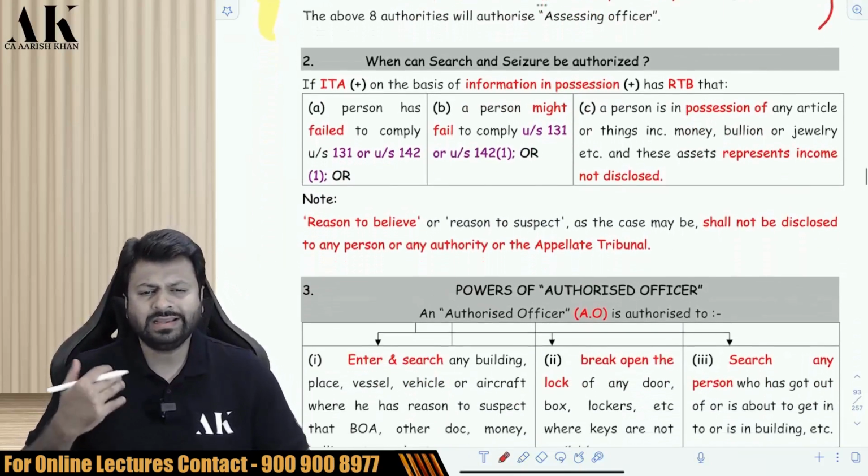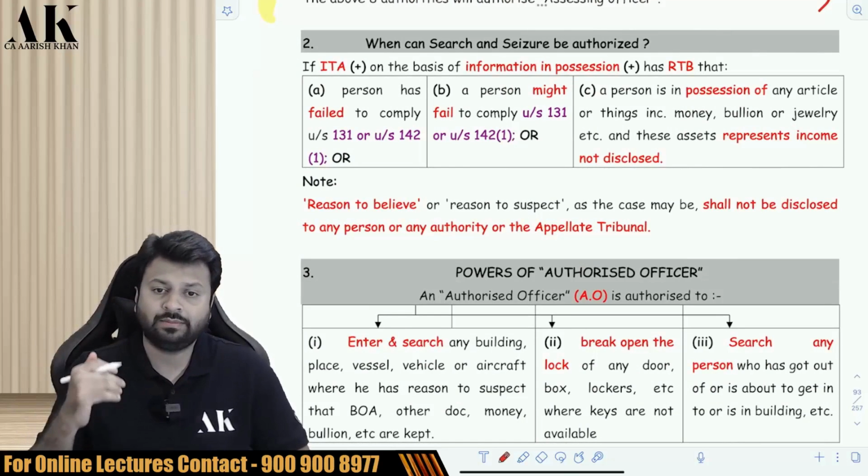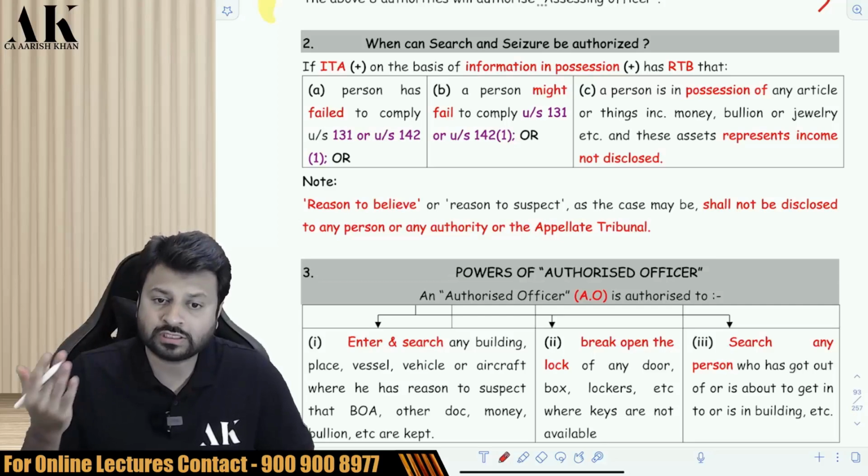Now, why will they issue a search and seizure warrant? When will a search and seizure warrant be issued by them? When will search and seizure be authorized by them?